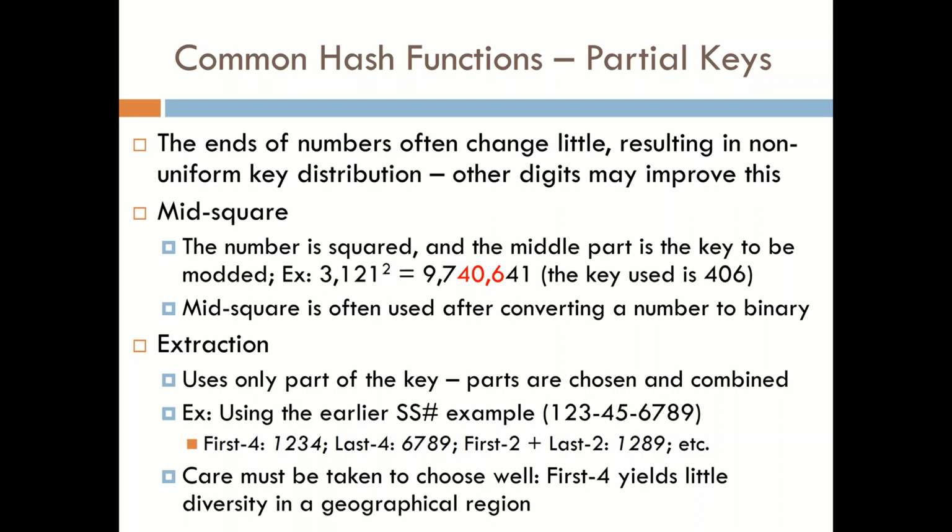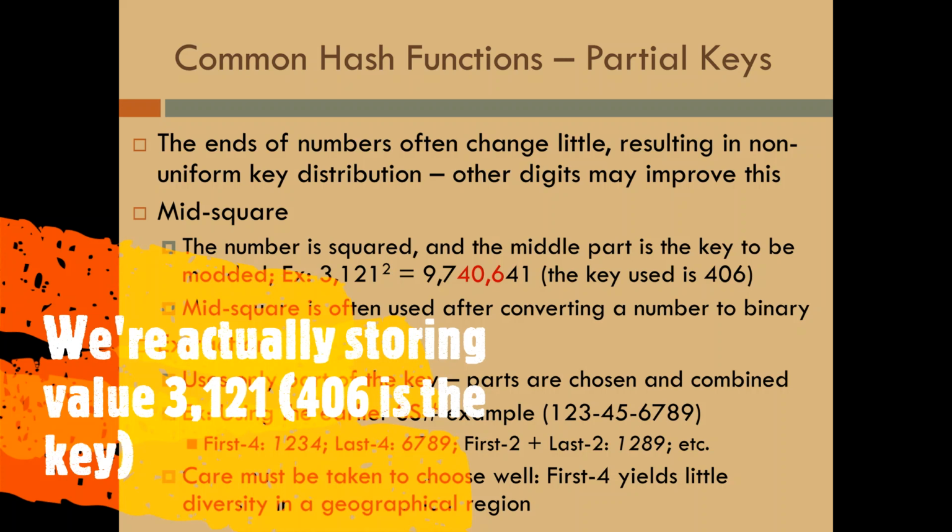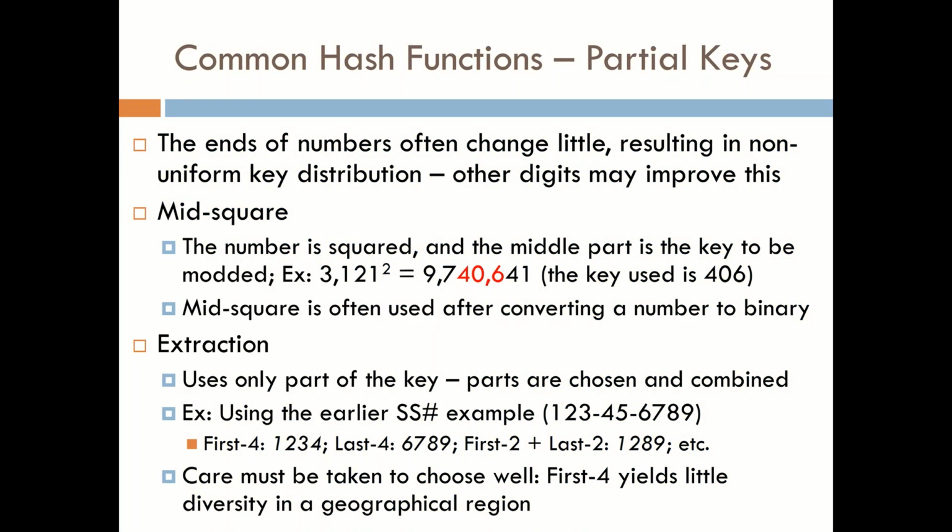But in essence, we'll take those 3 digits in the middle, 406, and that now becomes our key. And then we will mod that value by the size of the table and get an index as to where to store value 406. So mid-square, along with many other hash methods like folding and boundary folding, are often applied to binary values rather than actual ASCII string number representations.